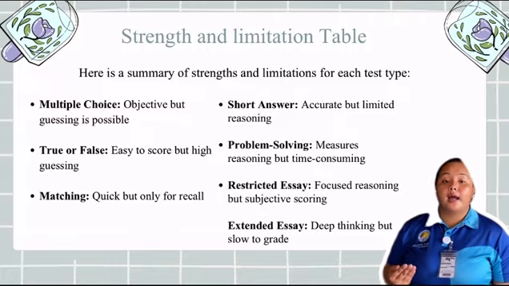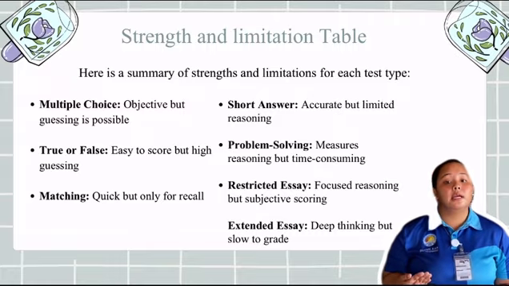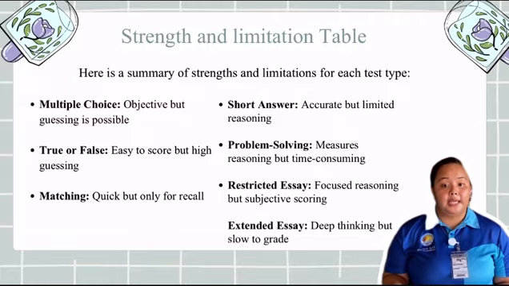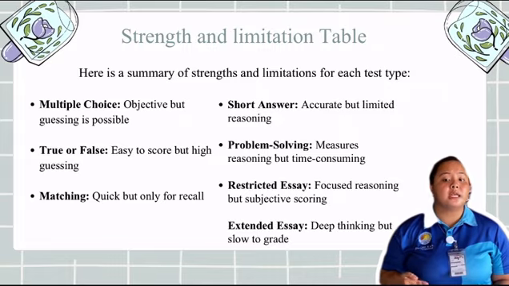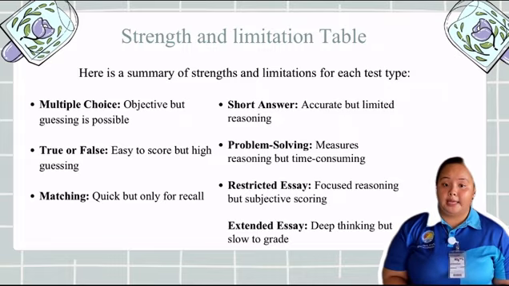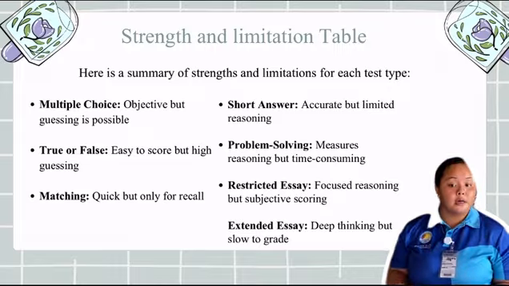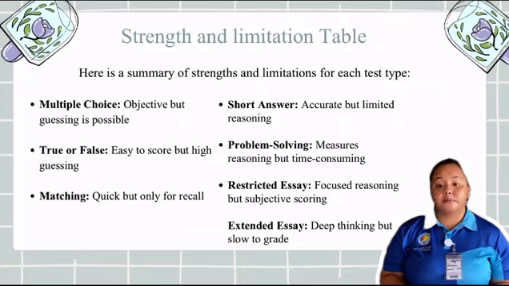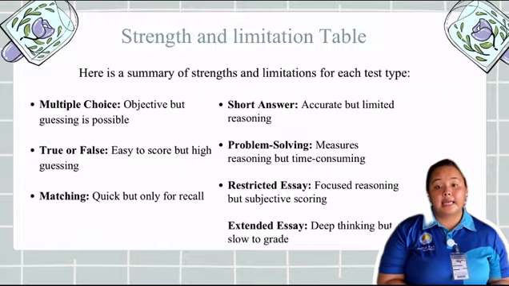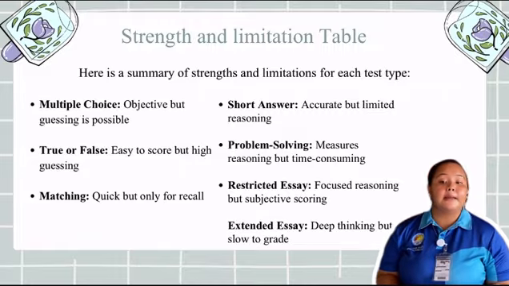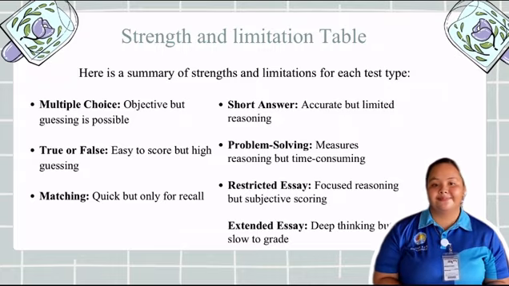For short answer, it is accurate but limited reasoning. For problem solving, measures reasoning but time consuming. For restricted essay, it is focused reasoning but subjective in scoring. For extended essay, it is deep thinking but slow to grade.